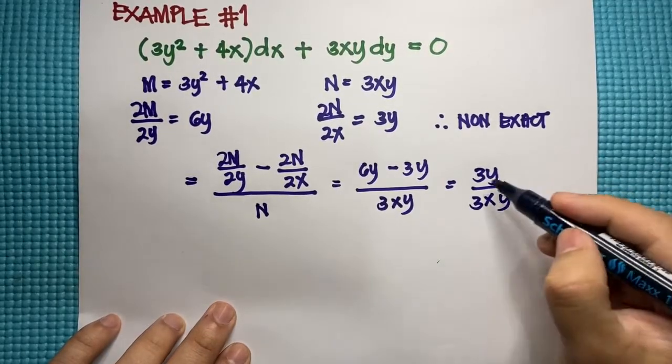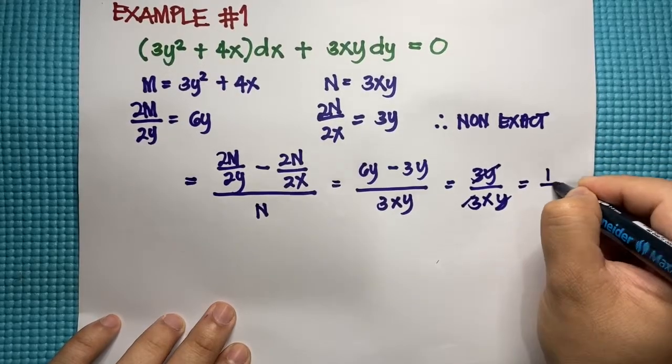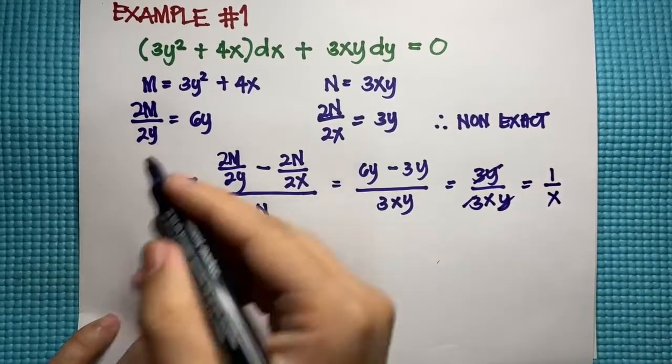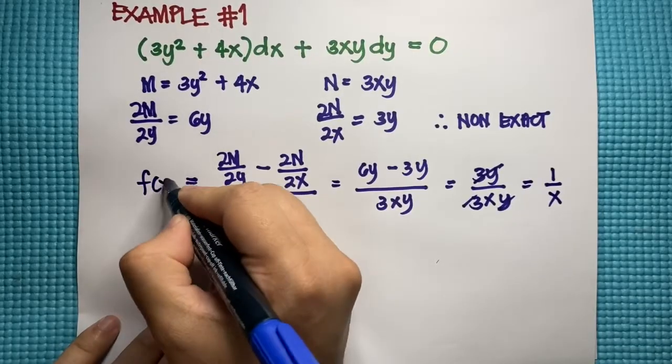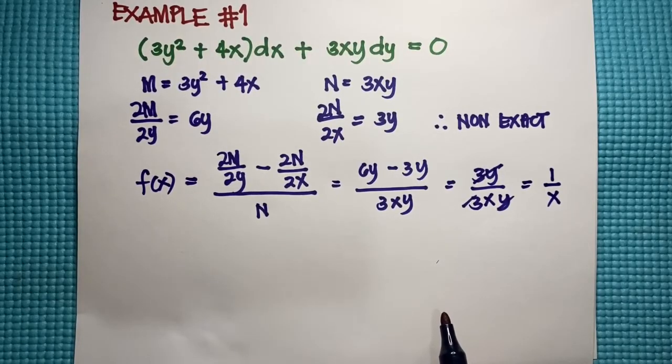So 3y would cancel out, leaving me 1 over x, and that is a function of x. Therefore, this given example is a case 1 non-exact differential equation.